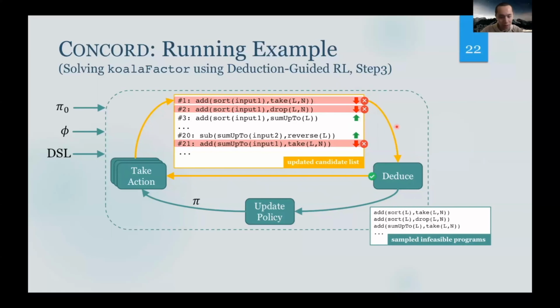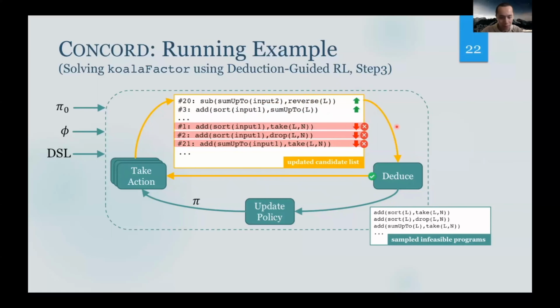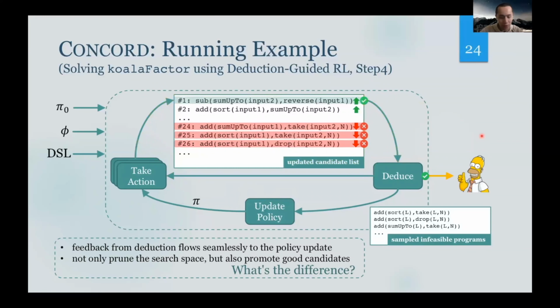So the actual candidate list may look like this. Luckily, by considering all the suggestions from the feedback of the deduction, we can try to promote those programs that we want according to the user intent, and at the same time reject those programs that we don't want. So luckily, if we hit the correct solution in the very first place, it will move on smoothly and eventually will reach the correct solution.